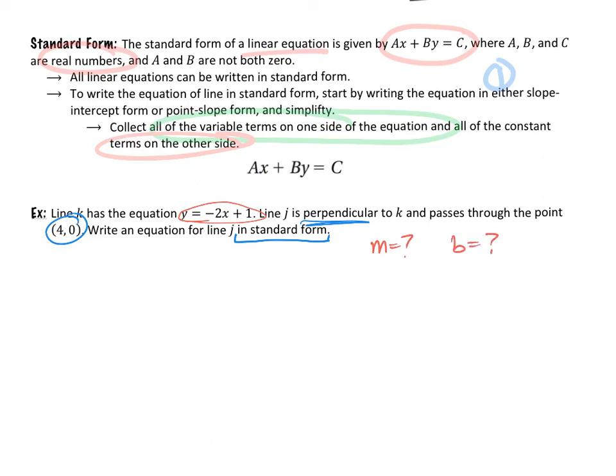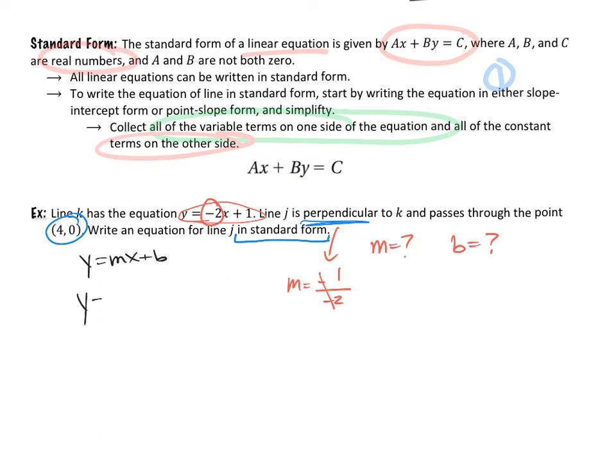We need these to get started. So, first things first, y equals mx plus b. What's m? Well, K has a slope of -2, but perpendicular means that m is going to equal -1 over -2. My negatives cancel, so slope is 1/2 for line J.